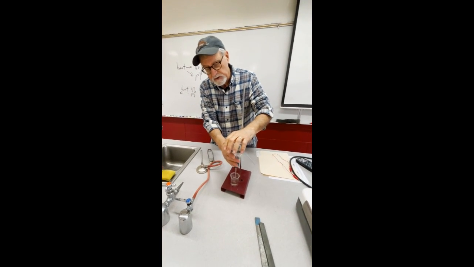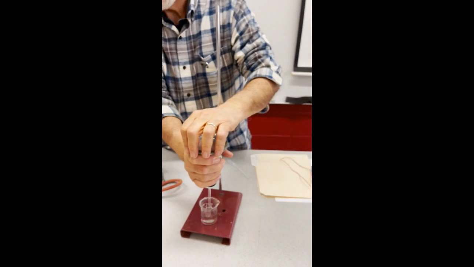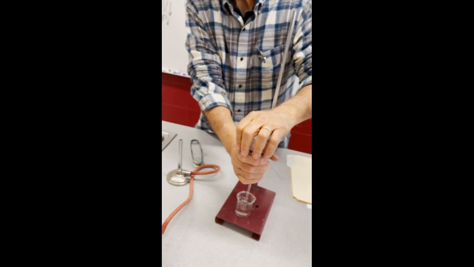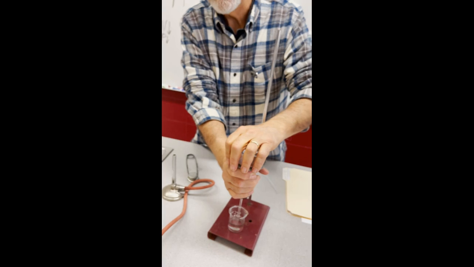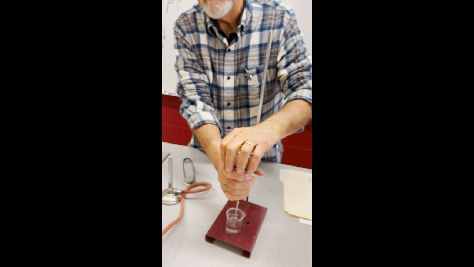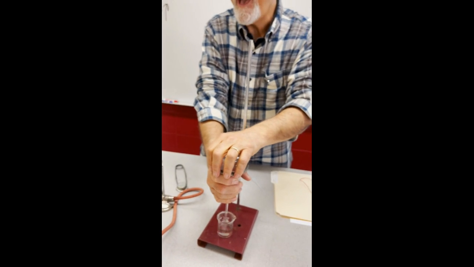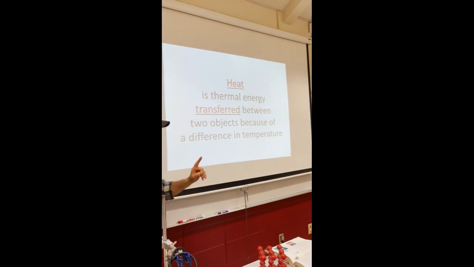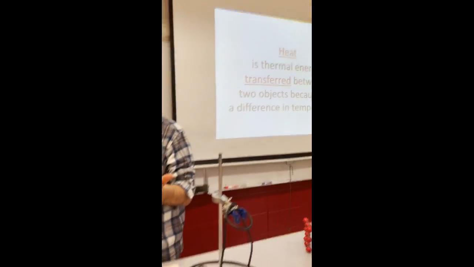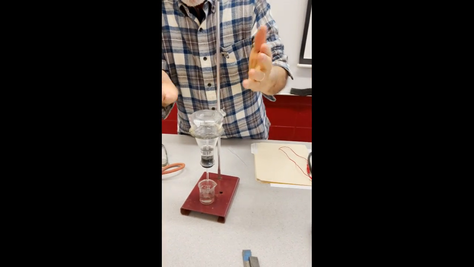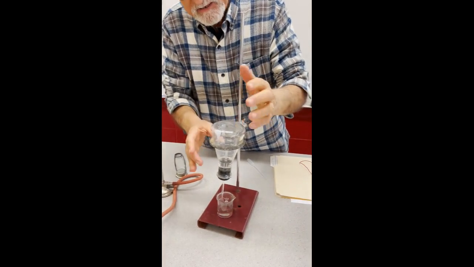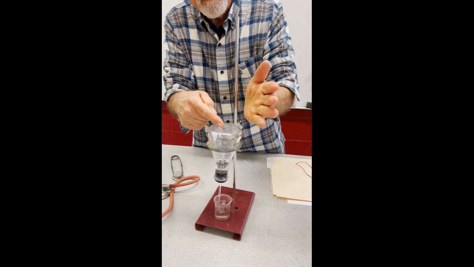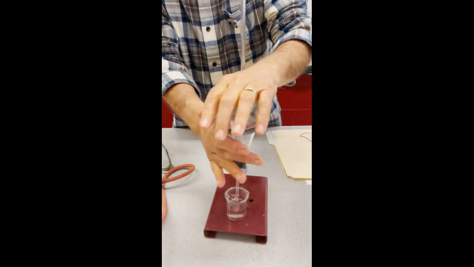So my hands felt cold. Heat is transferred between two objects because of a difference in temperature. There's a difference in temperature between my hands, higher temperature, and the glass, lower temperature. Heat flowed out of my hands into the glass.